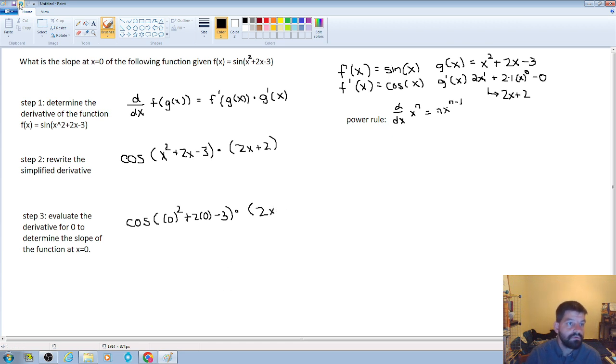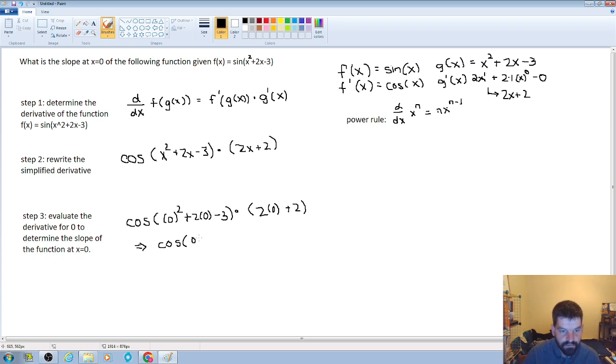And then this will simplify to the cosine of 0 squared, which for the purposes of this level of mathematics is going to be 0. I know you guys are starting to get into calculus related things, and we soon realize that 0 to powers can be a little bit different, but for this it's going to be 0.